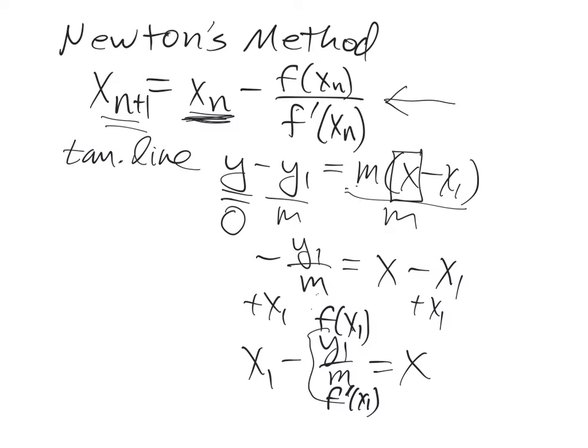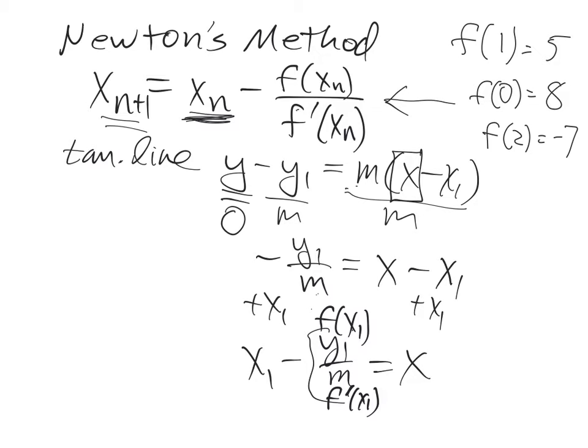Sometimes you just have to check, okay, f of 1 maybe 5, f of 0 maybe 8. Well, of those two, I would use 5, especially if f of 2 would be -7. Well, you know somewhere between 1 and 2 there is a 0.